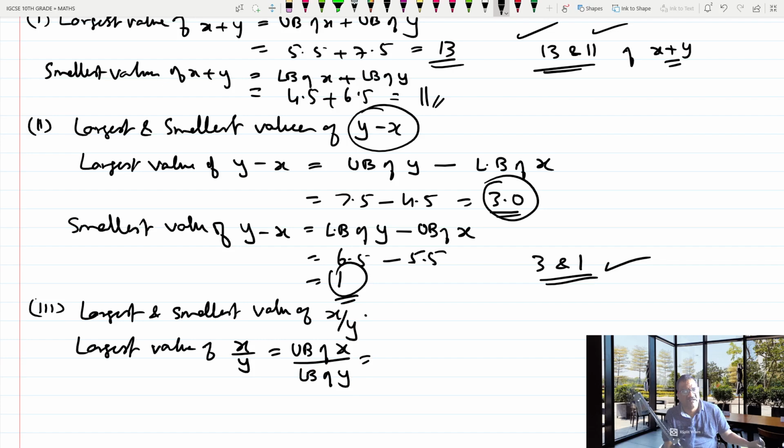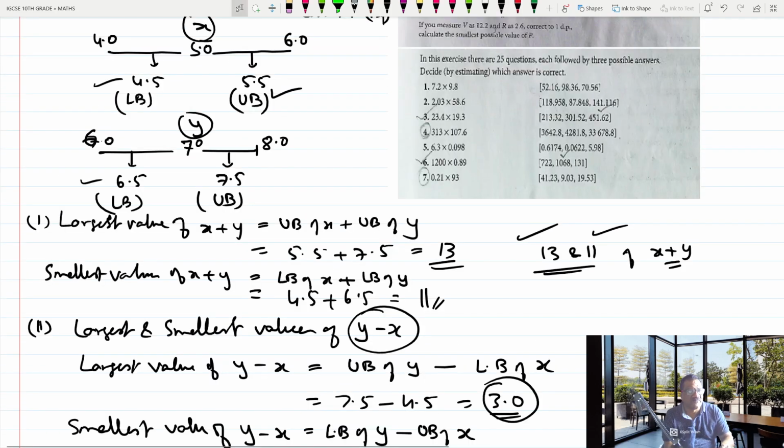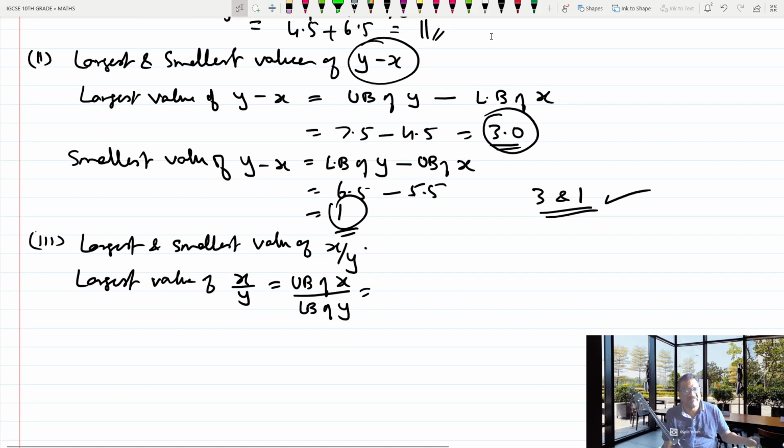Now the upper bound of x is how much? It is 5.5, and the lower bound of y is 6.5. So it should be 5.5 upon 6.5, right? If you work this out you should get the answer as 0.8.